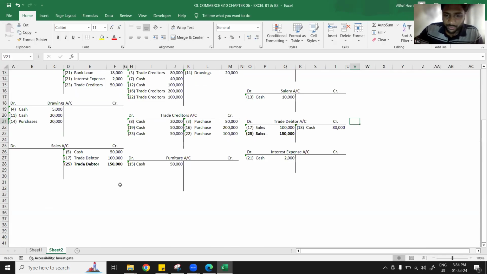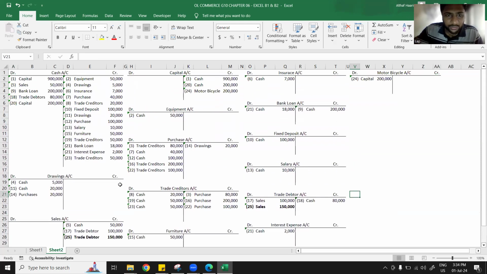So let's put it to the T account. We have an insurance account already. Transaction number 6 is also the same as what we are doing right now.